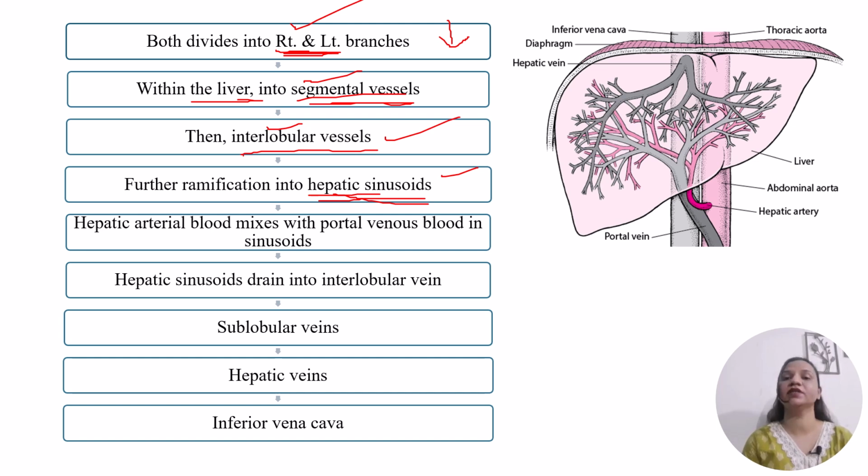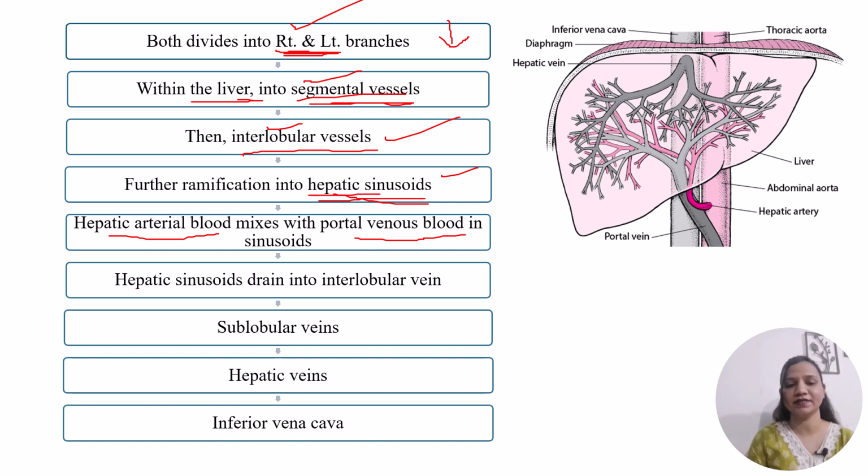Then here in the hepatic sinusoids, the hepatic arterial blood mixes with the portal venous blood. So here in the hepatic sinusoids, blood from both these vessels, from the hepatic artery and from the portal vein, gets mixed with each other, and at this point the liver takes its essential nutrients from that blood, and the hepatic sinusoids drain into the interlobular vein.